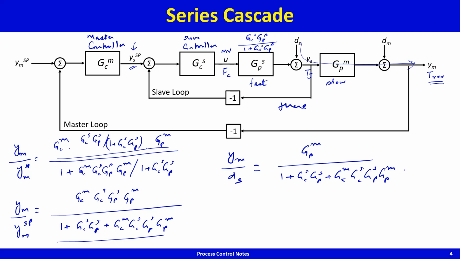What would the transfer function with respect to dm be? It will simply be 1 divided by whatever is in the denominator. So note that the characteristic equation is the same. Whether you are looking at ym by ym set point or ym by ds or ym by dm, the denominator is going to be the same, the characteristic equation is going to be the same.